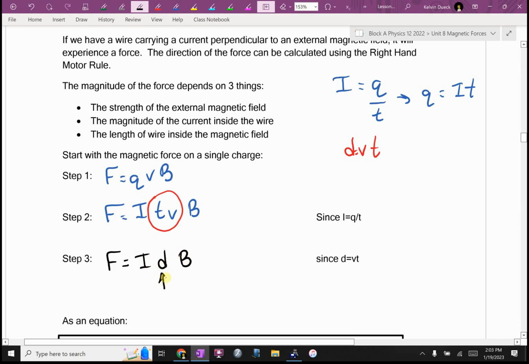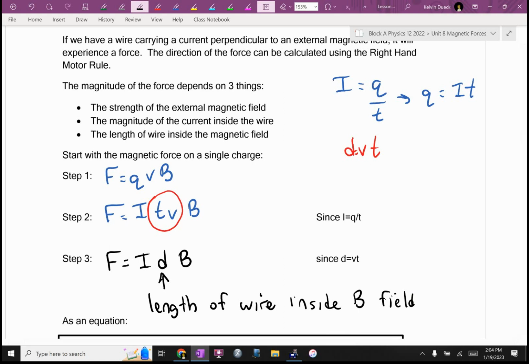But this distance here is the length of wire inside the B field. What was B an abbreviation for when we're talking about fields? Magnetic field. We don't have M's taken.